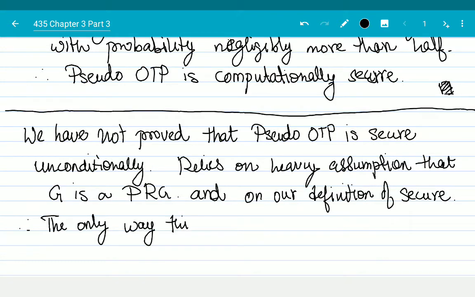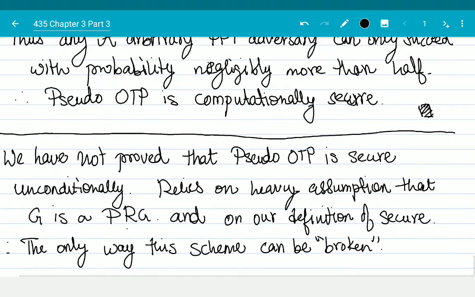the only way this scheme can be broken, and I'm not saying broken as in, oh, I accidentally managed to break it with probability 2 to the minus 200.